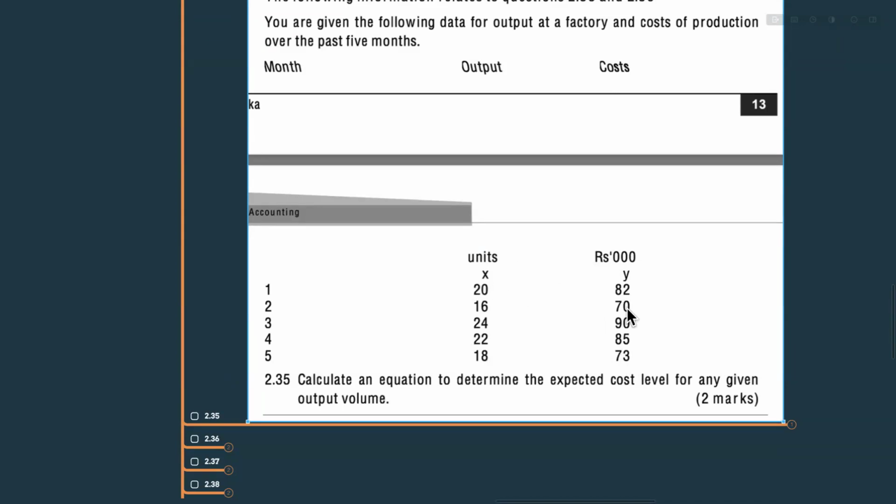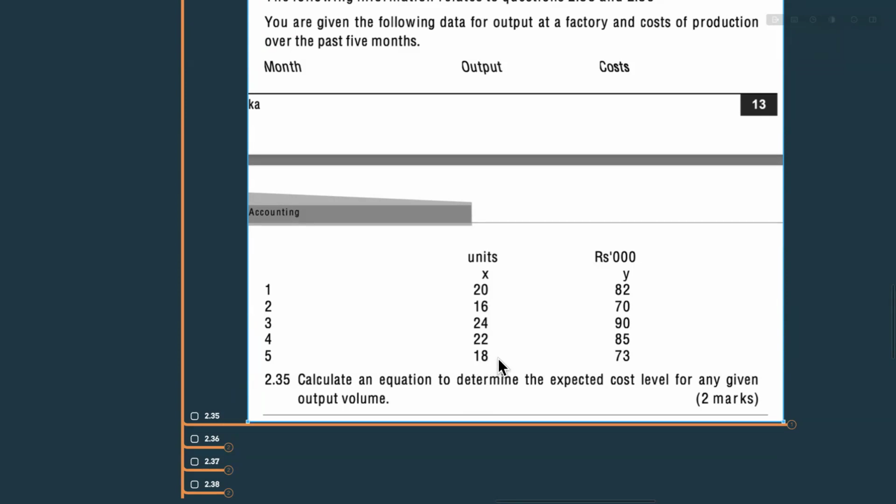So according to this data, we cannot easily predict the line of best fit. Is it a positive relationship or negative relationship? We don't know anything about it. So the question is to calculate an equation to determine the expected cost level for any given output volume, right? If management gives any output volume, like 20,000 units, what is our total cost? Or in 10 units, what is our total cost?